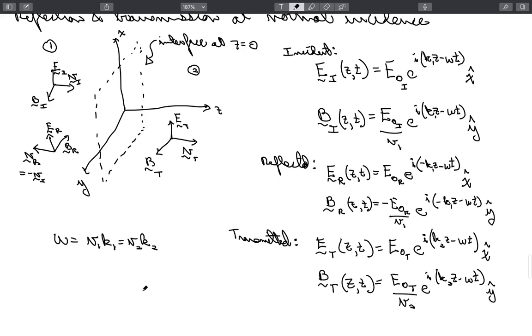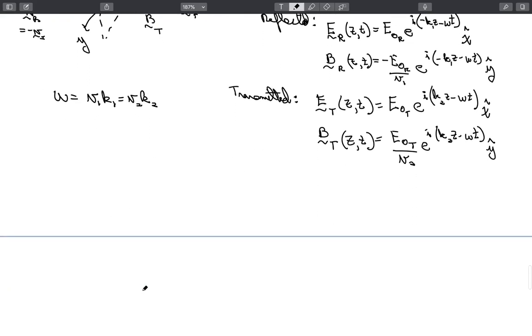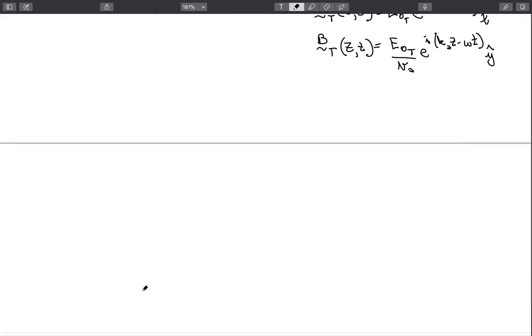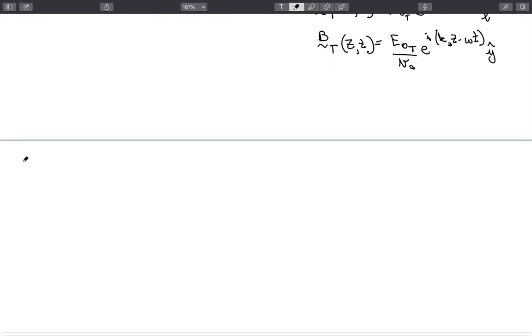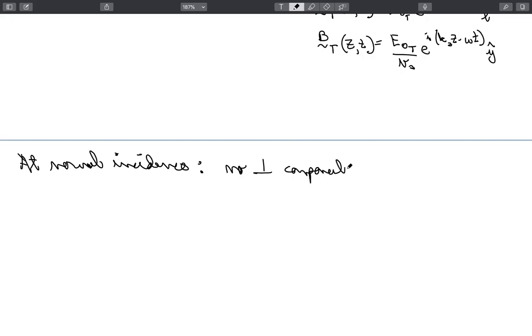So what do we have? Let's just go for it. Because we're at normal incidence, there are no perpendicular components of the fields.